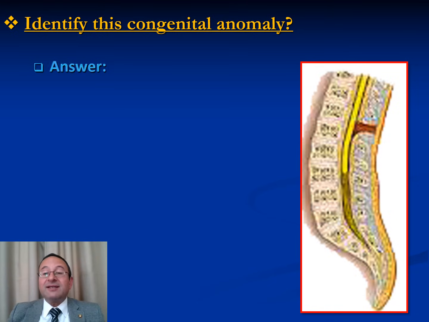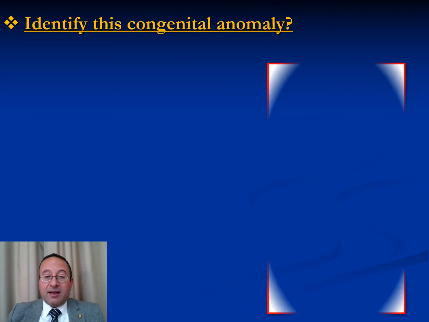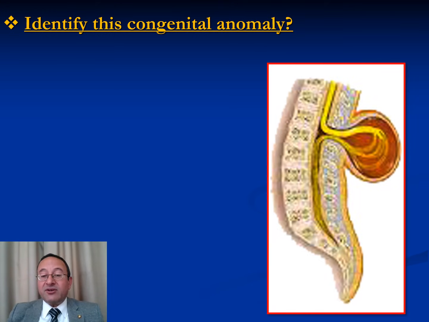So it is called spina bifida occulta. Identify this congenital anomaly. Here there is meningocele with neural element. So it is called meningomyelocele.